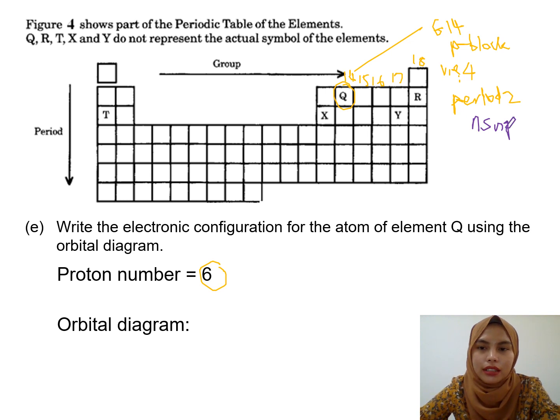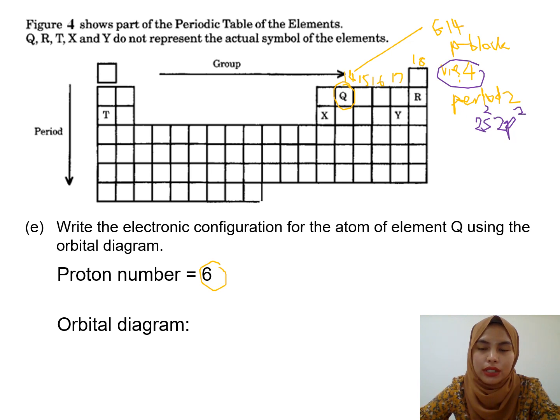Okay, tapi kita dah tahu di period yang kedua, therefore you gantikan saja, substitute n with 2. Since ada 2 saja, dia ada berapa valence electron? Ada 4 valence electron. You start isi daripada 2s, which is you will have 2s2, 2p2.